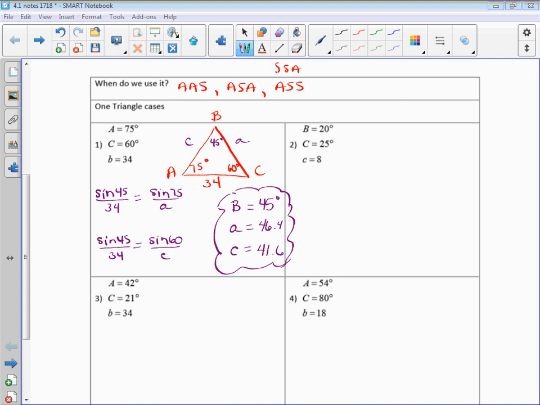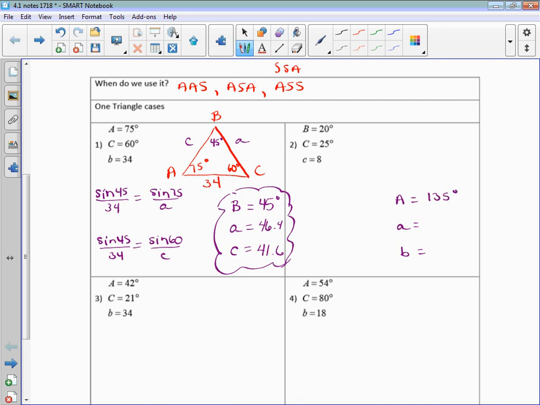How are we doing, guys? Are you ready to go through the answers for 2? What did you guys get for angle A? 35 degrees.